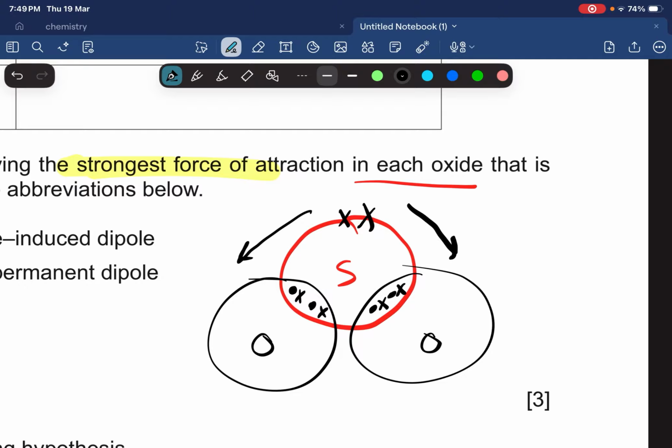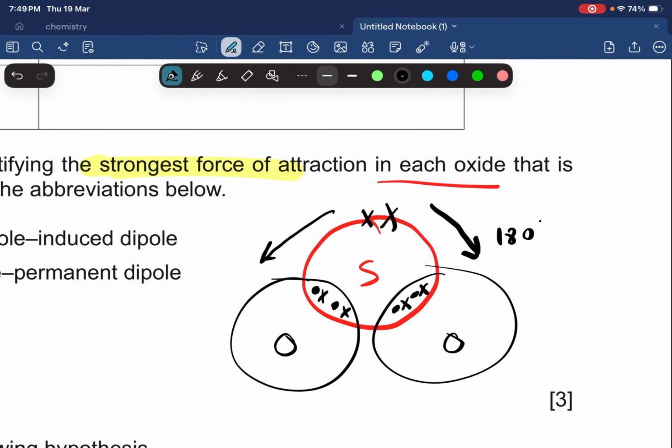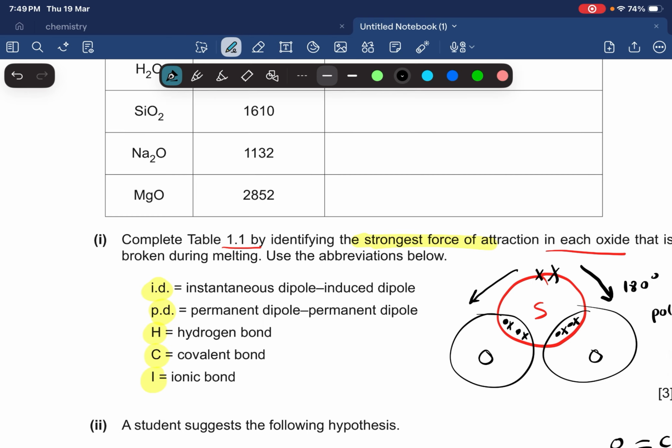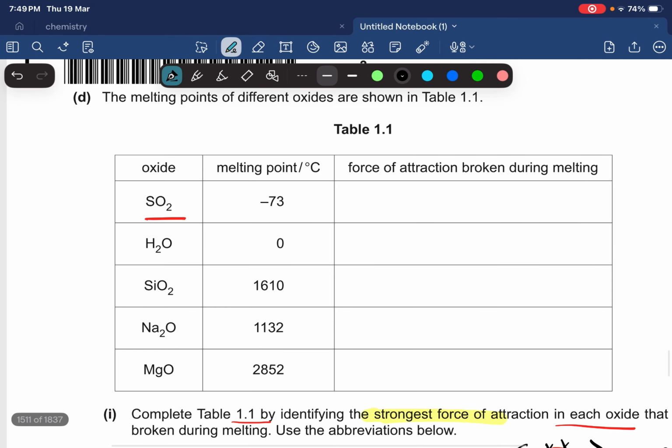Yeah, it's gonna pull down here and it's gonna pull down here. So the bond angle is not 180 degrees. So it's gonna be a polar molecule, and when it's polar, we know the strongest type of bonding is gonna be permanent dipole. And second thing I wanna tell you guys, hydrogen bonding is only gonna be there when a hydrogen is bonded to nitrogen, fluorine, or oxygen. So over here for SO2, we're gonna break permanent dipoles.